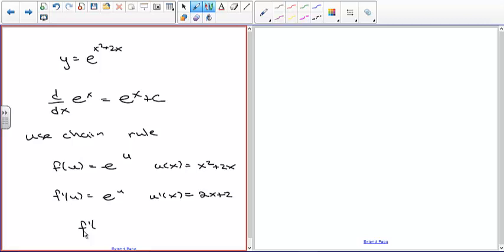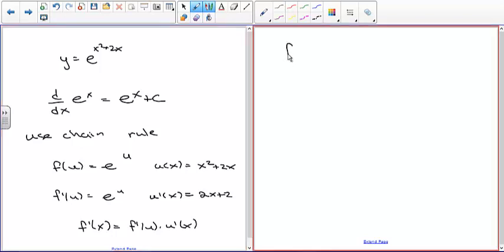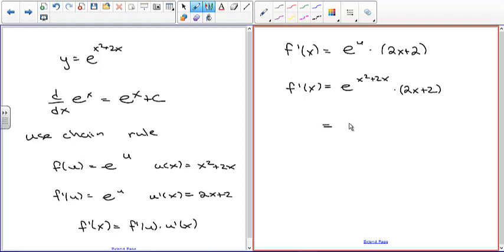Chain rule says f prime of x equals f prime of u times u prime of x. So we get f prime of x using the chain rule as e to the u times 2x plus 2. And then we substitute u back in, so we get e to the x squared plus 2x times 2x plus 2, or put the linear part in front.